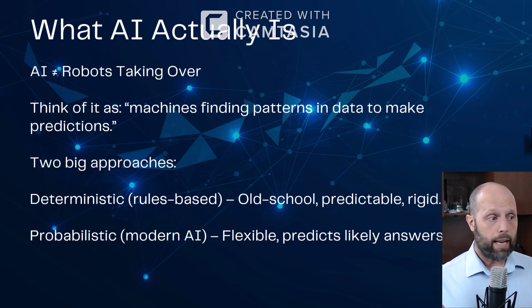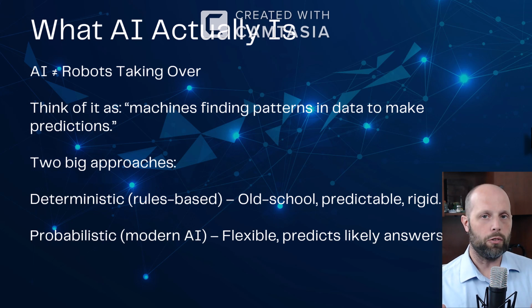Now let's look at how AI is changing how computer programming works. It uses what's called a probabilistic, or probabilities, type of model. That just means the computer is working differently.